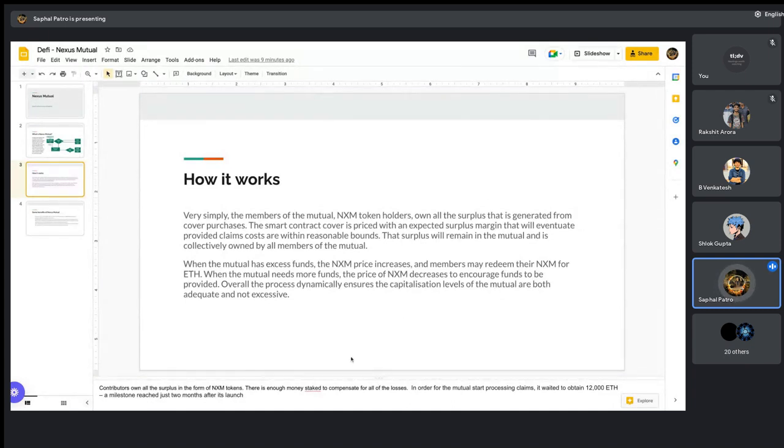This smart contract is priced in such a way that all of the money that has been staked can compensate for all of the losses that may come up in the claims. The way they keep the price stable is that whenever the mutual has excessive funds relative to the cover it is supposed to provide, the NXM price increases so that you can sell your token for Ethereum. And when the mutual needs more funds, the NXM price decreases to encourage more people to buy into the protocol. That is how they ensure the price remains dynamic.